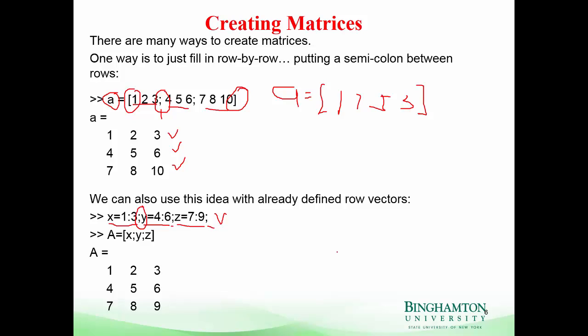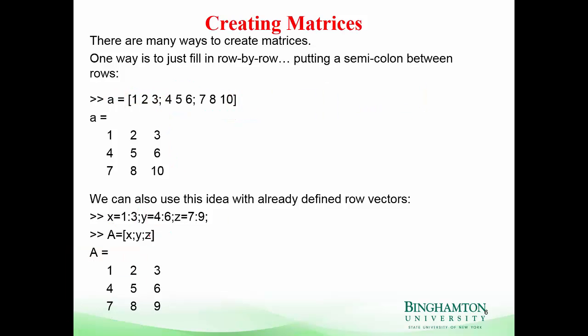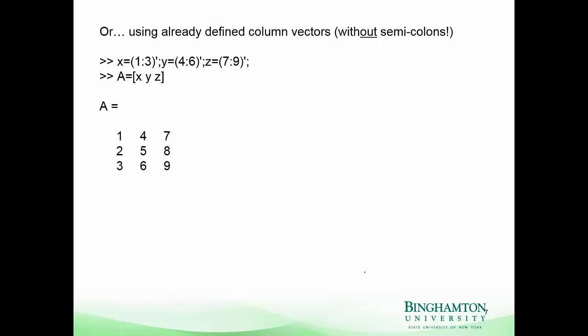That's important. And so now we can use this idea for using semicolons to define rows, and down here just put x semicolon, y semicolon, and then z, and put everything inside square brackets. And we get the same thing that we had up above. So 2 different ways to create the same matrix.